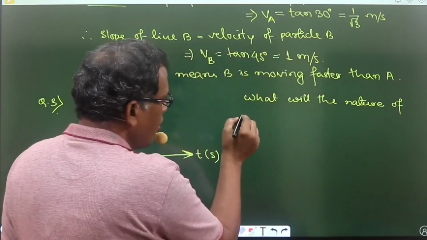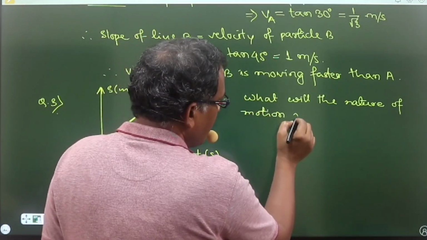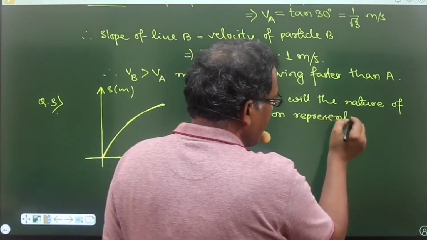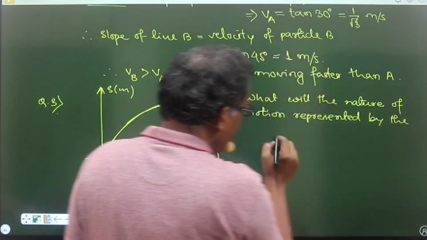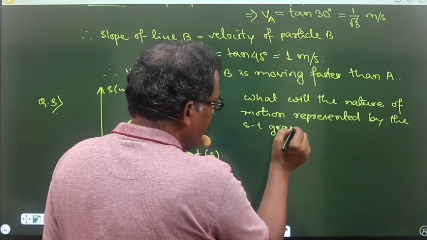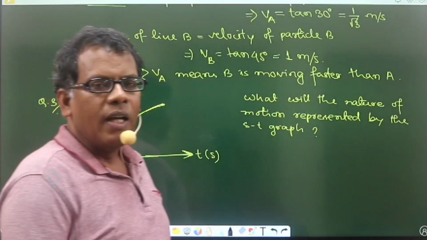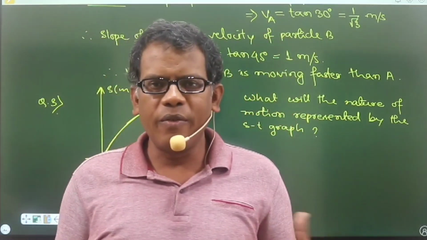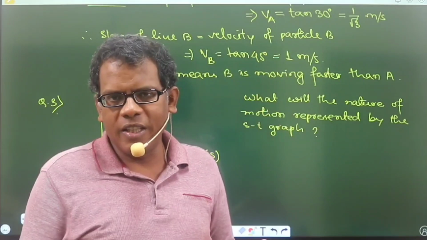represented by the ST graph? This ST graph is definitely representing the nature of motion of the particle, what exactly is happening: is it moving with uniform velocity, or with increasing velocity, or with decreasing velocity, right?